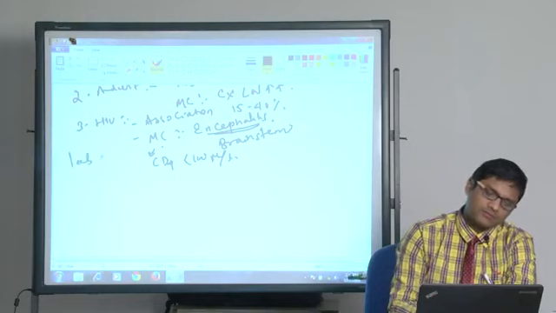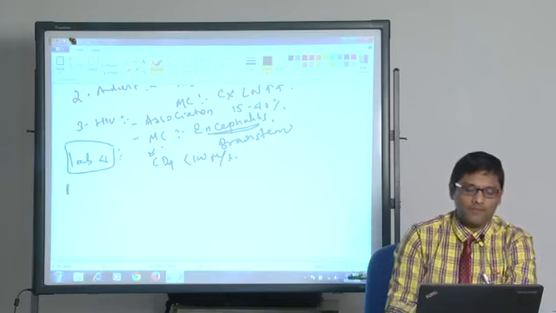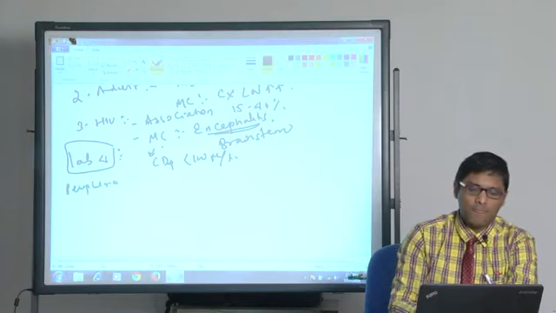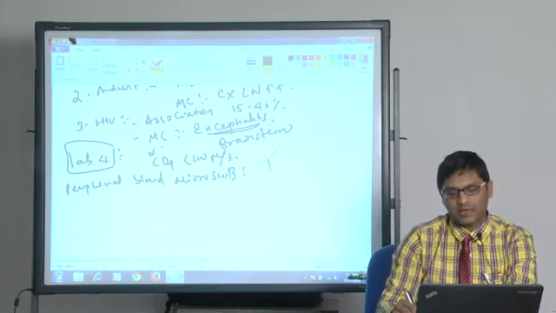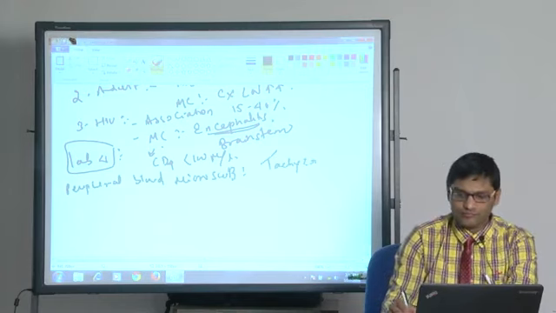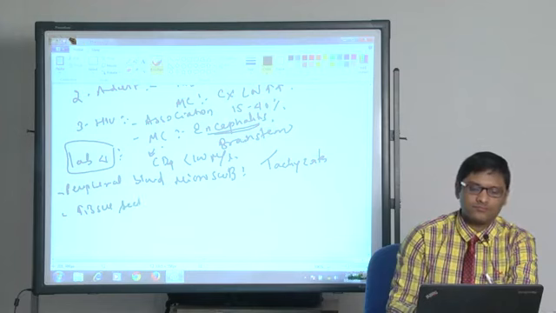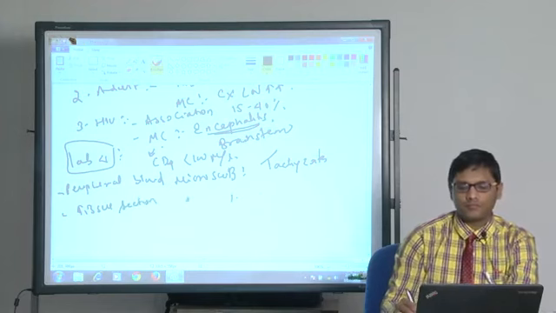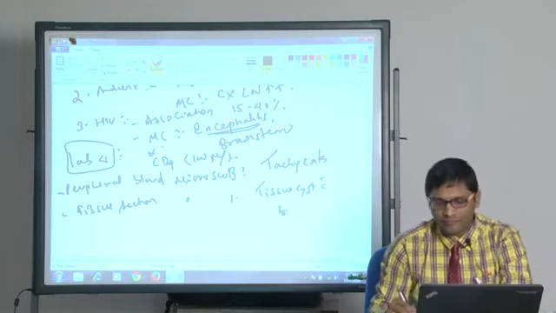Lab diagnosis. They say that if you do a peripheral blood microscopy, then you may get tachyzoites. If you do tissue section microscopy, then you will get tissue cyst containing bradyzoites.